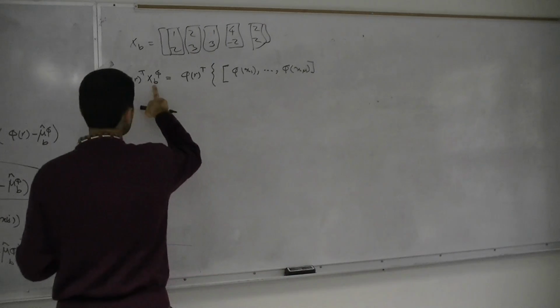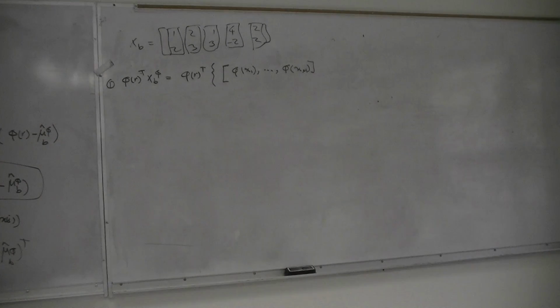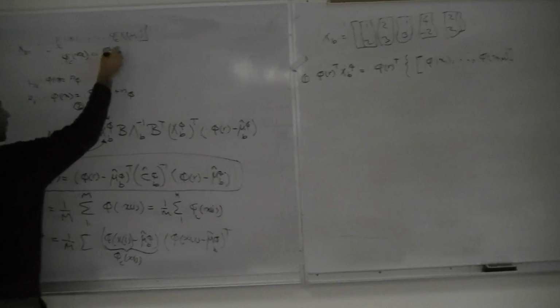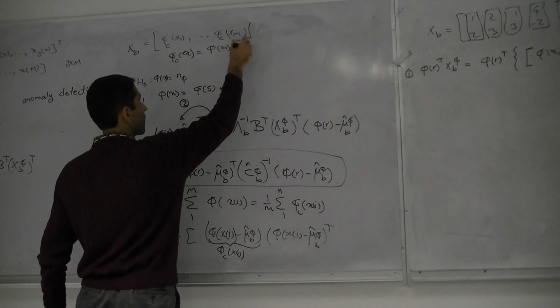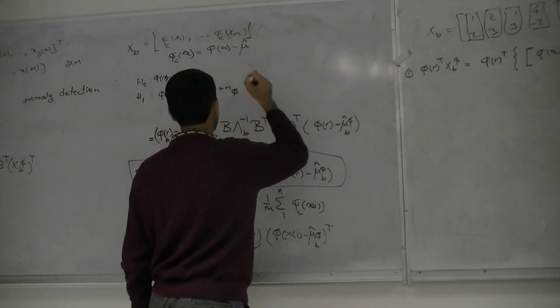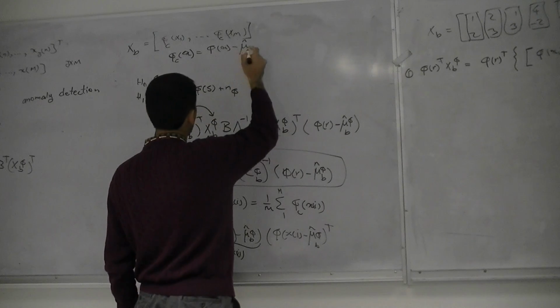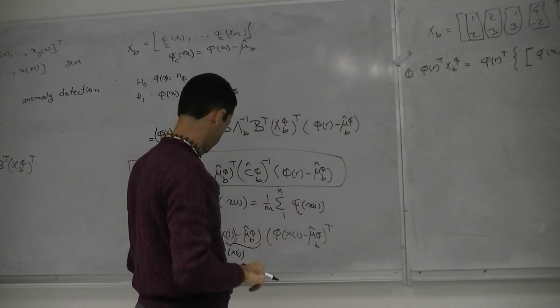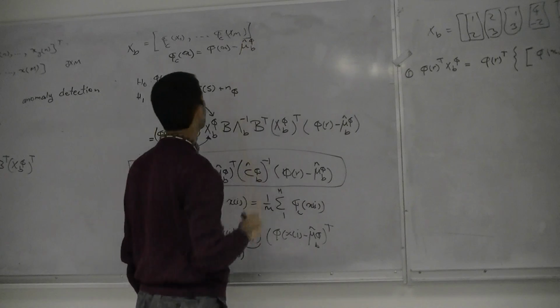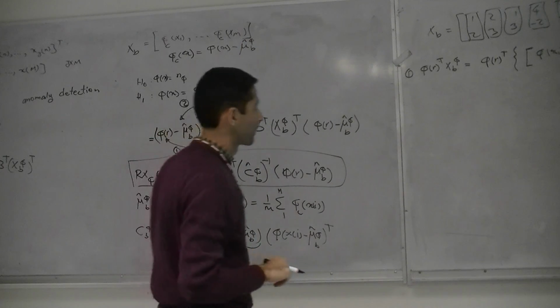And this one has, for example, phi c of x is phi x minus mu hat of phi. Okay.